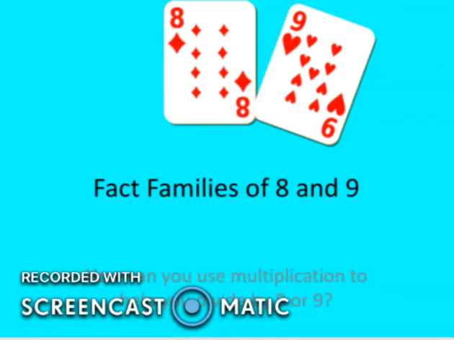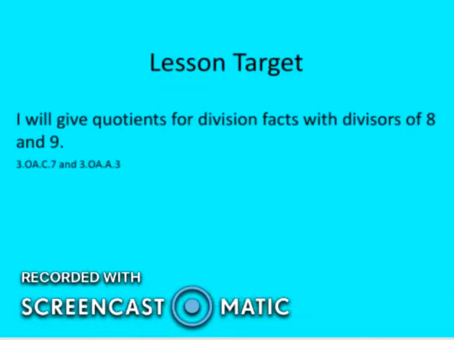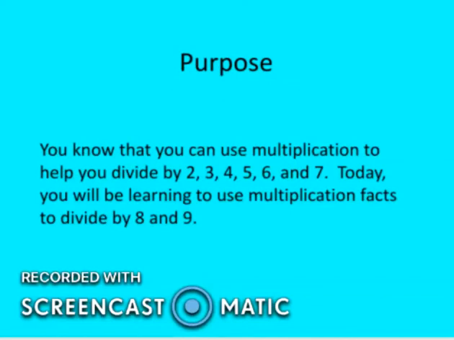So our learning target is all about quotients for division facts with the divisors of 8 and 9, and we're going to focus on those multiplication facts and fact families that would help us with that. We've already learned that we can use multiplication to help us divide by 2s, 3s, 4s, 5s, 6s, and 7s, and today we're going to continue on with our 8s and 9s.